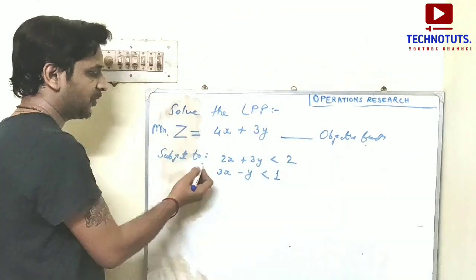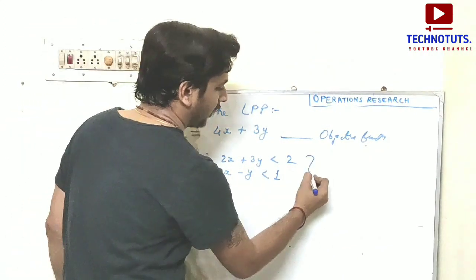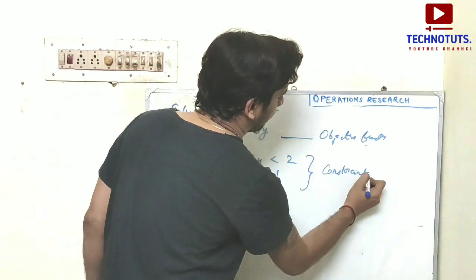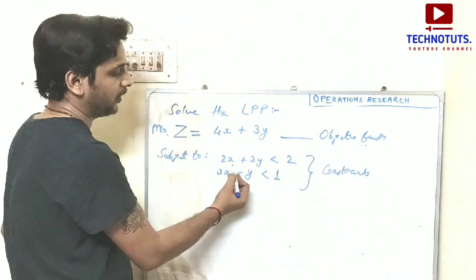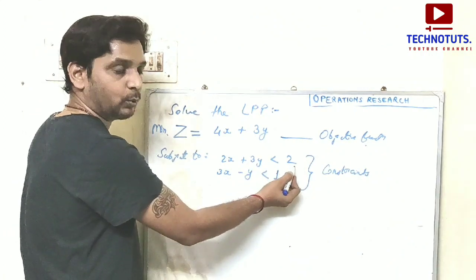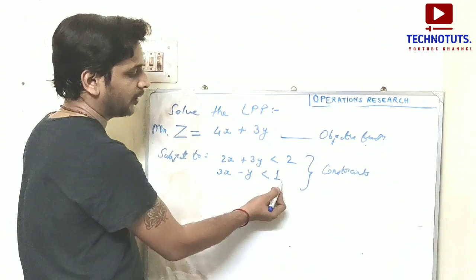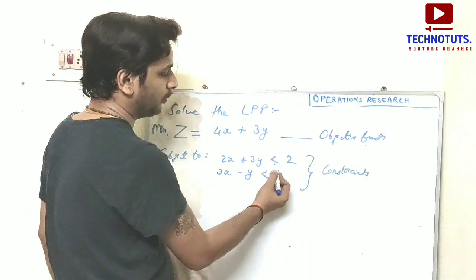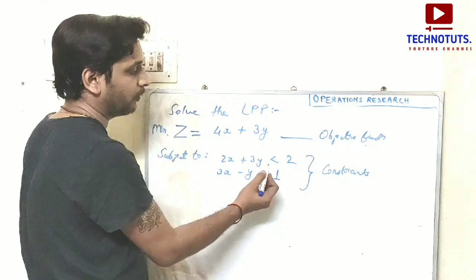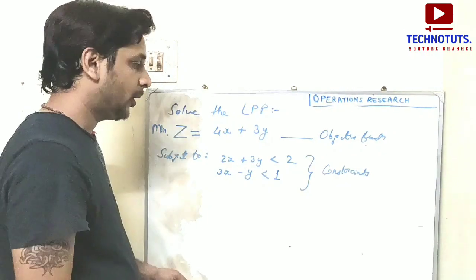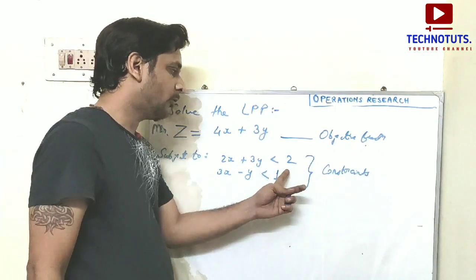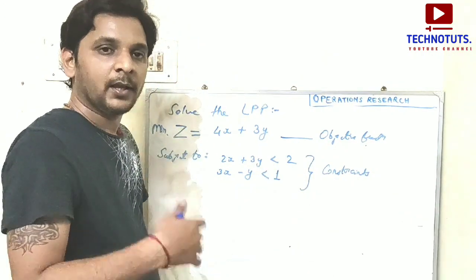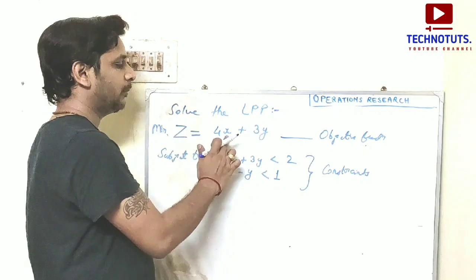Subject to means the constraints. So these are the constraint equations. The first constraint is 2x plus 3y less than 2, and the second is 3x minus y less than 1. Here, in the constraint equations, the symbol is the less than symbol. You have to find out which method to apply by watching the constraint equations and the number of decision variables in the objective function.